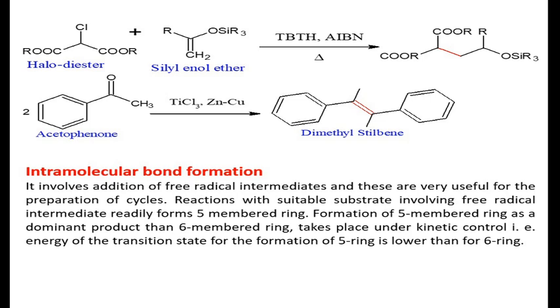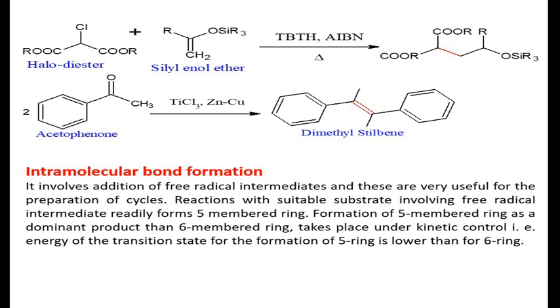The transition state formed during the formation of the 5-membered ring requires less energy, but the transition state formed during the formation of the 6-membered ring requires higher energy. Therefore, 5-membered rings form while there is a free radical intermediate.